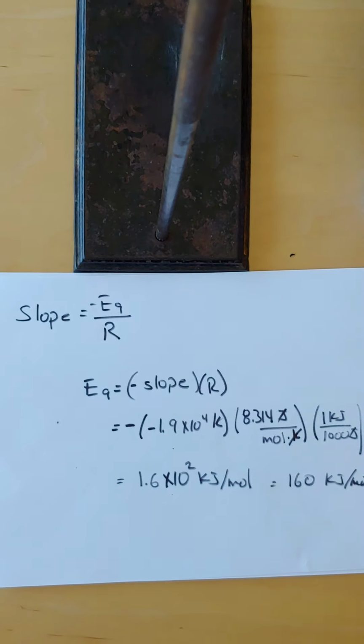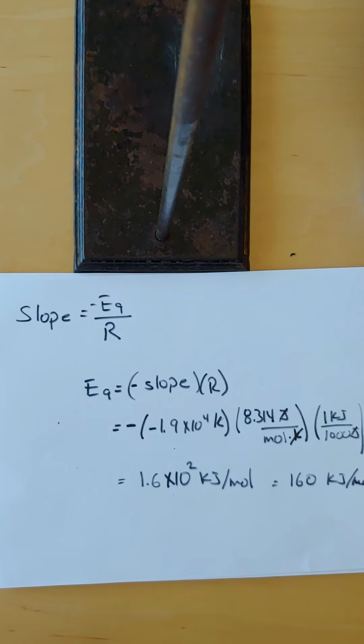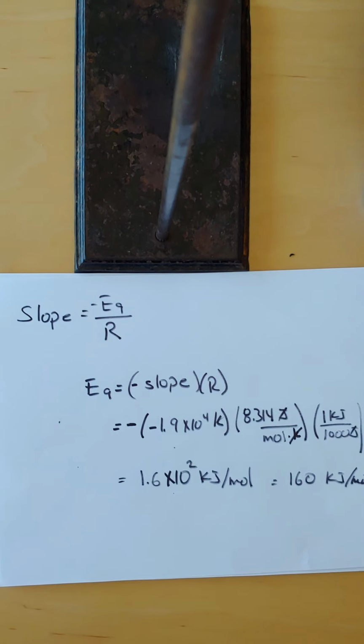So that's the activation energy for that reaction. We graphically plotted our data, got the slope of the line, and from that we were able to calculate the activation energy. All right, that's the end of part 2 of sample questions. I'll be back in a few minutes for part 3.